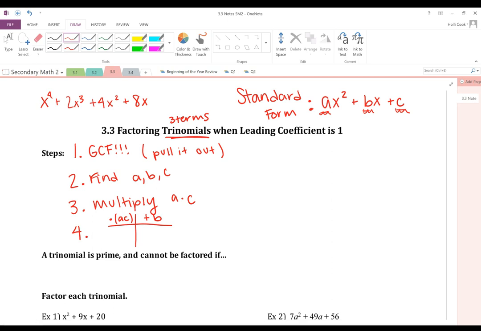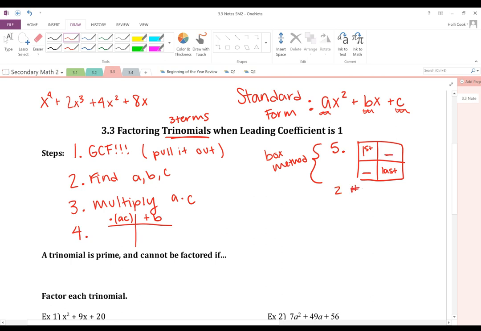All right, so now here's where the steps differ: box method or grouping. If you're doing the box method, your next step is going to be to draw your box. Remember, your first term goes in the first box, and your last term goes in the last box. First in the first, last in the last. And then these 2 right here are going to be the 2 numbers from step 4.